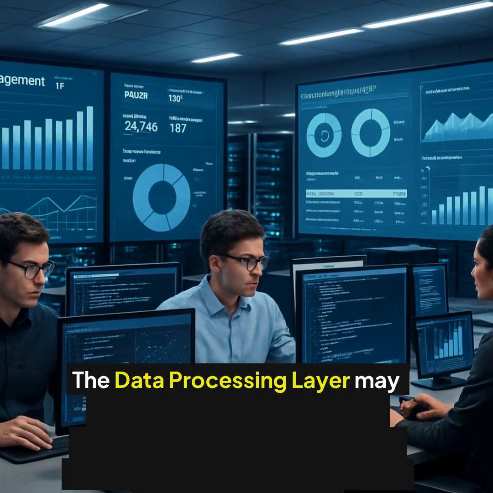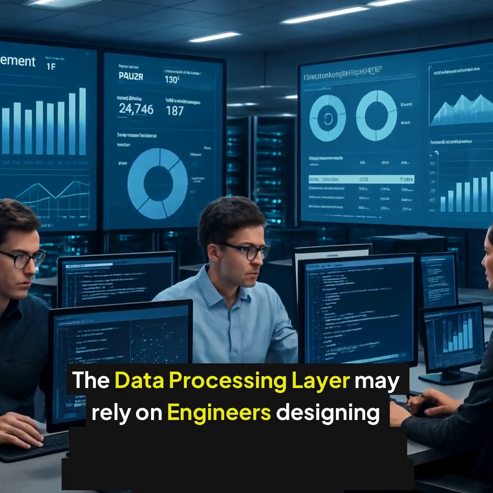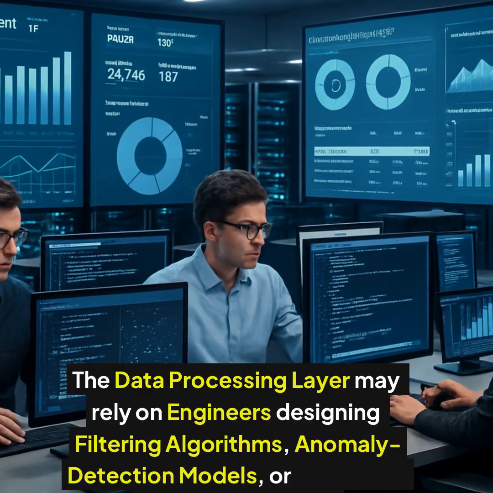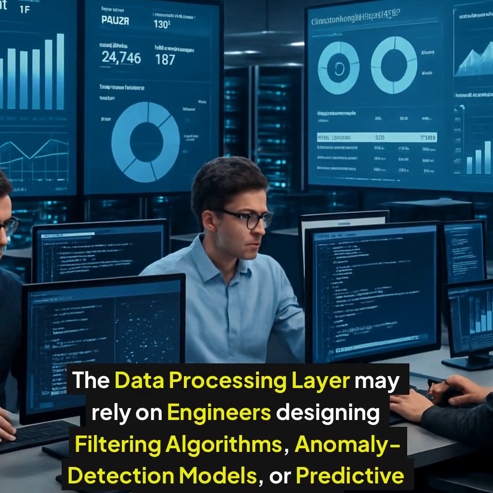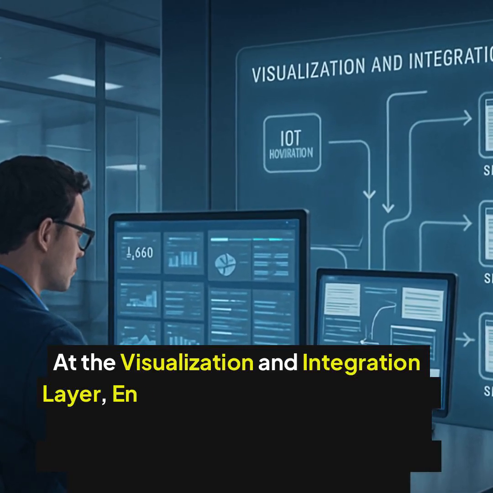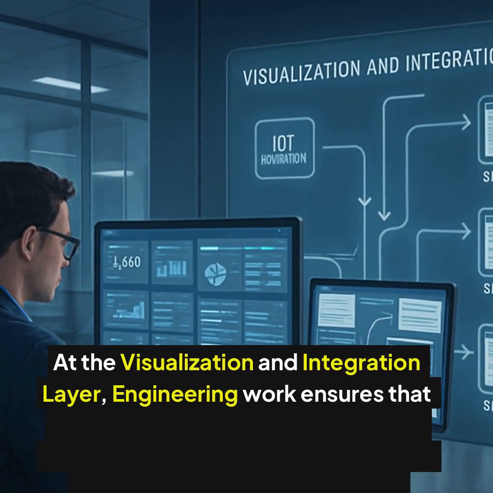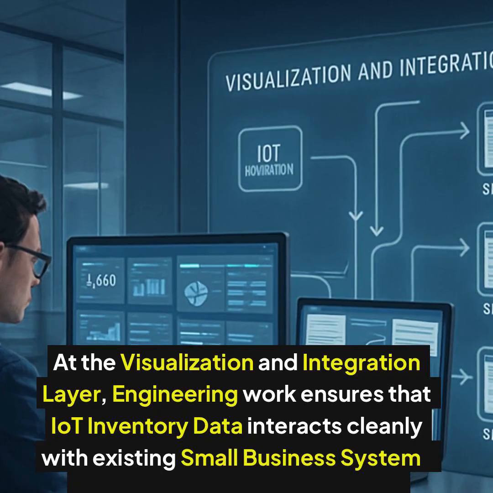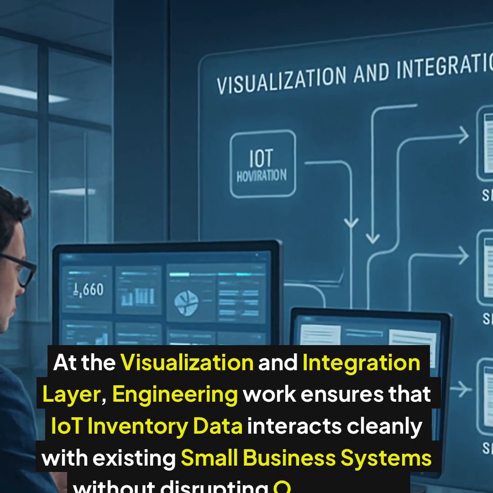The data processing layer may rely on engineers designing filtering algorithms, anomaly detection models, or predictive analysis routines. At the visualization and integration layer, engineering work ensures that IoT inventory data interacts cleanly with existing small business systems without disrupting operational workflows.